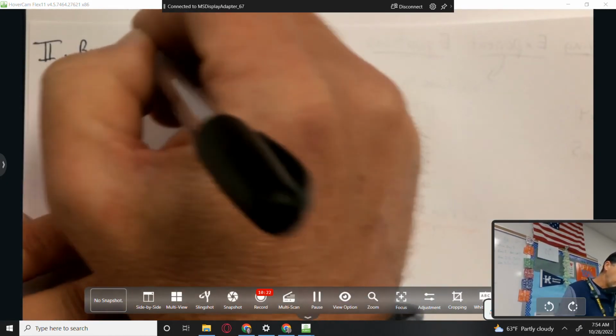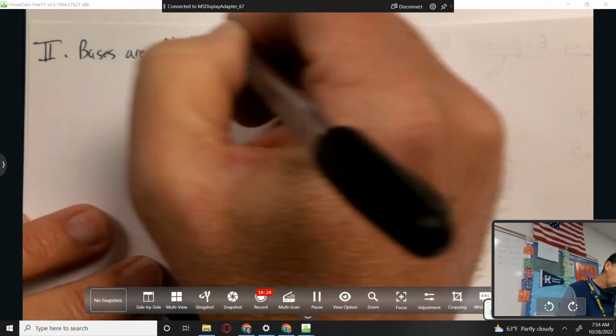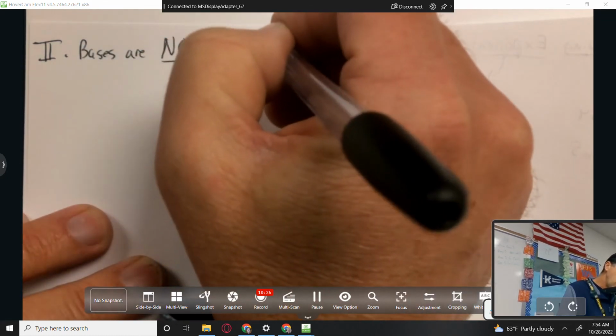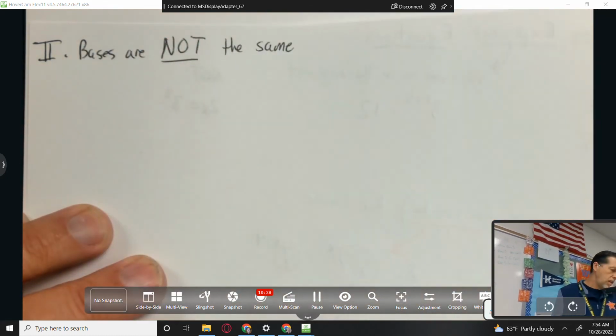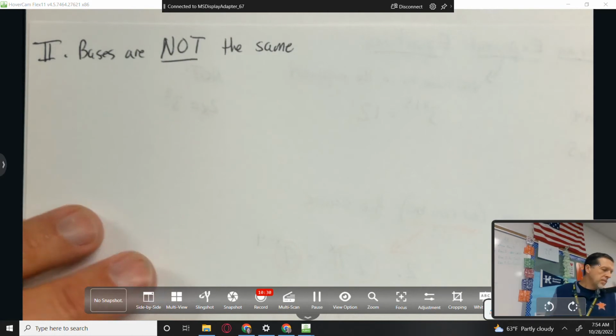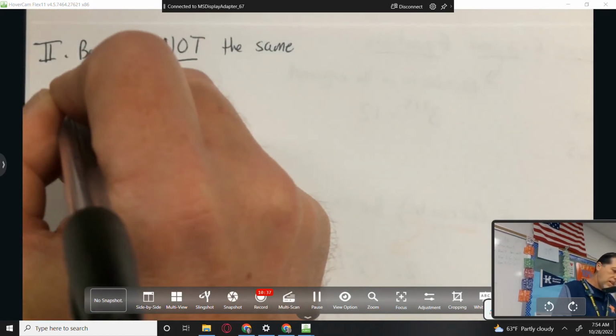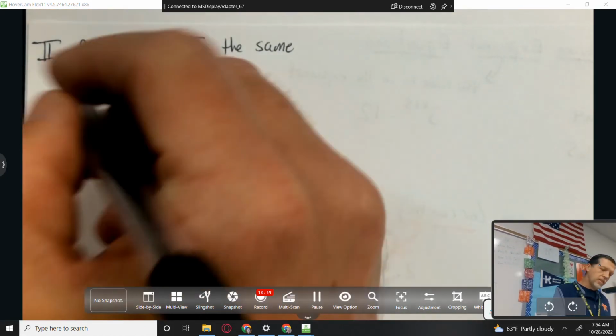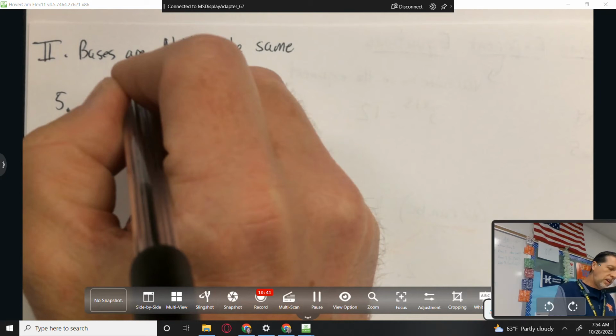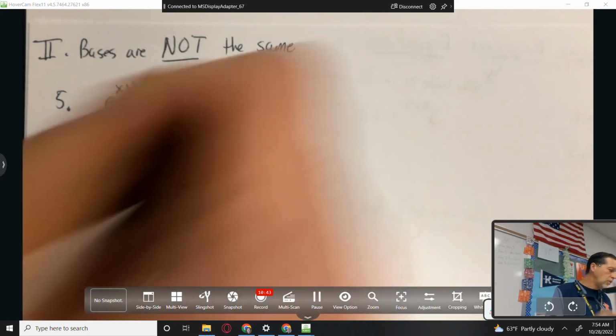And so if the bases are not the same, and can't make them the same. For instance, e to the x plus 1 equals 5.